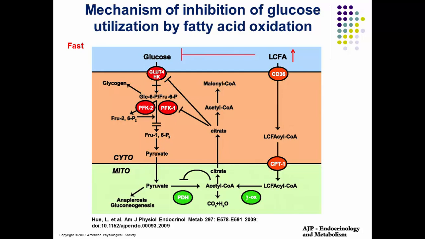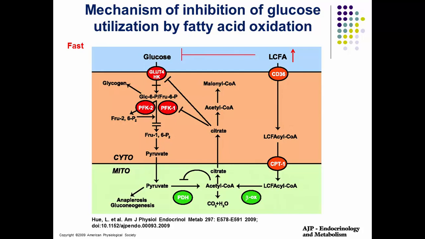One is hexokinase, the first key enzyme of glycolysis, and the other is phosphofructokinase 1. So these two key enzymes in glycolysis can also be inhibited by citrate, right?